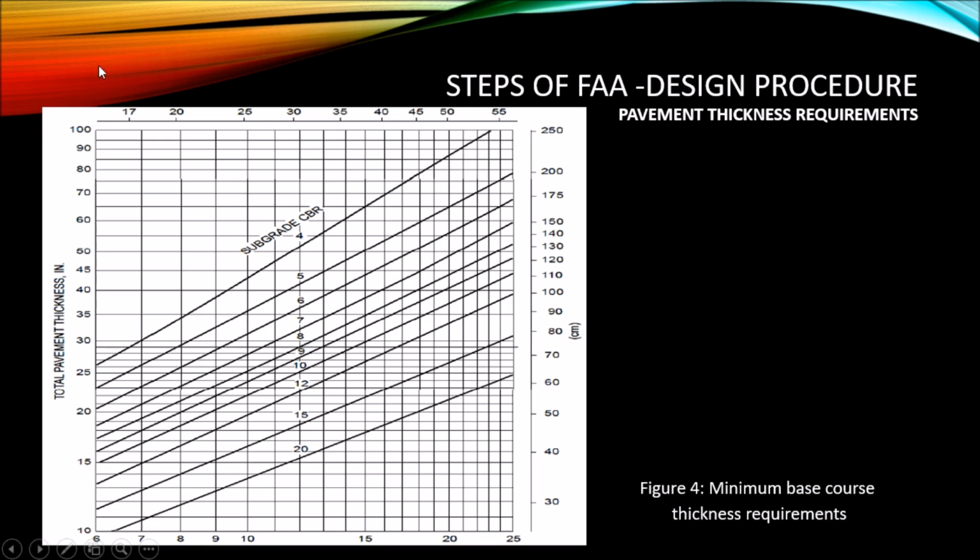So this is pavement thickness, and this is the CBR value. The thickness here is in inches, and the one on the vertical line is the equivalent in centimeters. So it is the minimum base course thickness requirement.